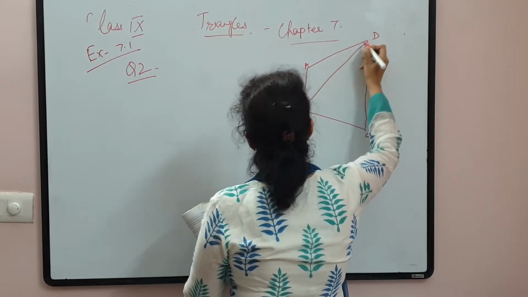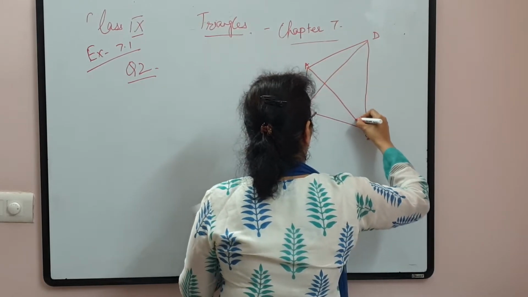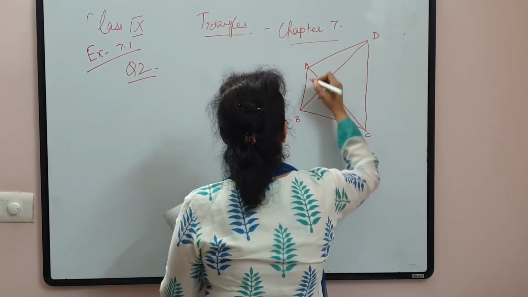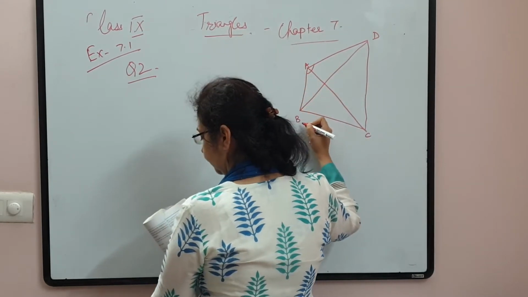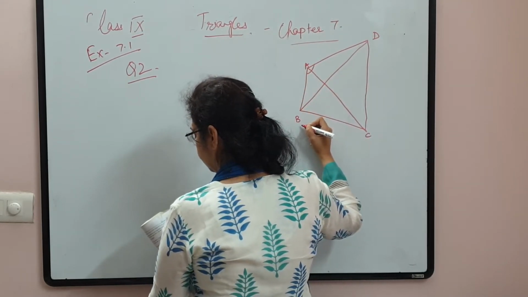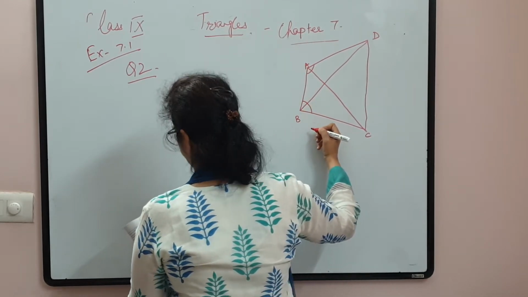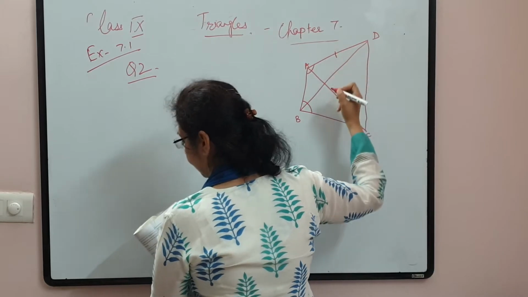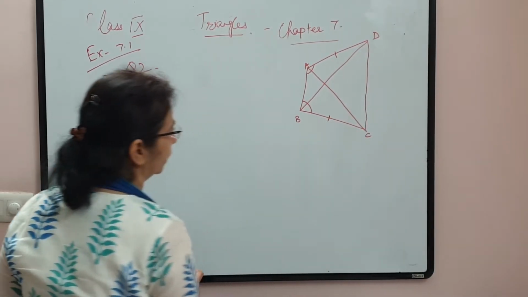BD is a diagonal. AC is another diagonal. This is one angle, angle DAB, and this is another angle, CBA. This is one side AD and this is another side BC. Now let us read the question, children.